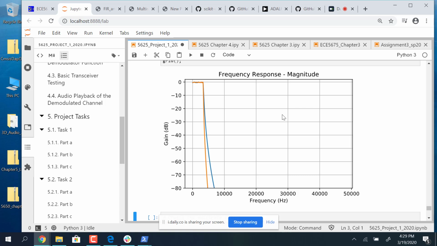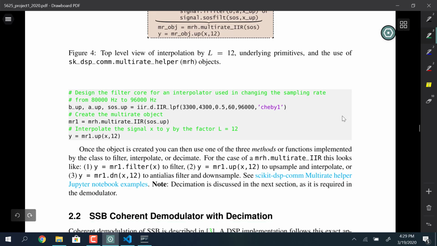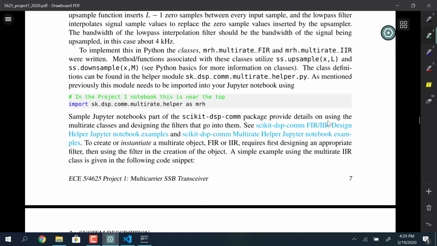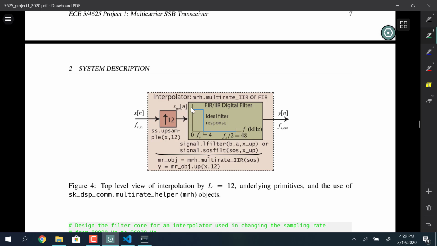But in this project, you don't really have a lot of tolerance because you need to get down very close to 4,000 because there's going to be a spectral image that's going to leak in if you don't take care of that. You need to get this down because there'll be another spectral image sitting right next to it that this filter has to eliminate in the interpolation operation.